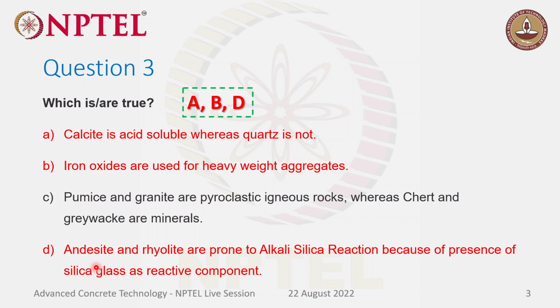And coming to option D, andesite and rhyolite are both not suitable for construction purposes because they have reactive silica in them, which is prone to alkali silica reaction. When the cement has free alkalis in it, this reactive silica can react with the alkali from the cement, so that there will be formation of reaction products and expansion. So we are not supposed to use andesite and rhyolite for construction purposes.